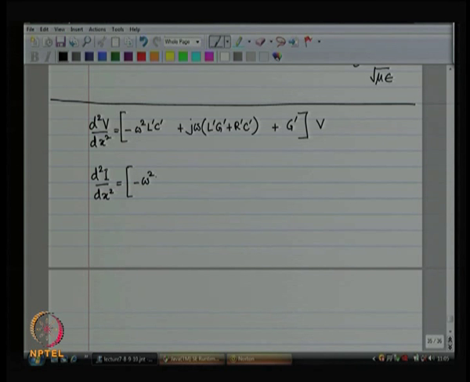Similarly, the current equation is, I am just going to replace all the inductances by capacitances, all the resistances by conductances and vice versa. Right? We have got two beautiful equations. What is the solution? What is the solution to this?